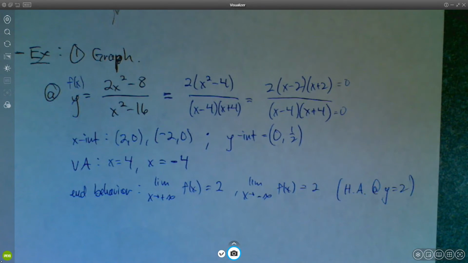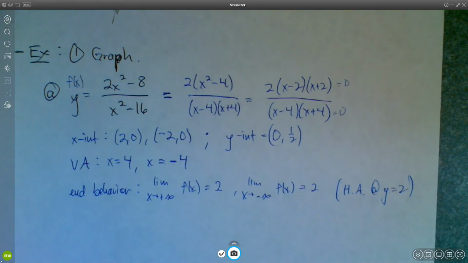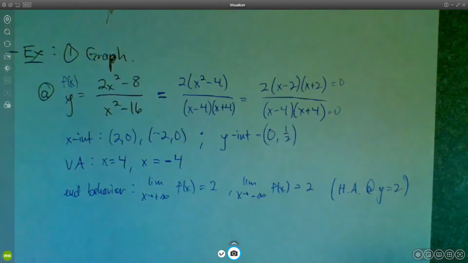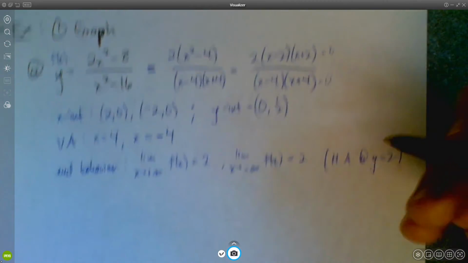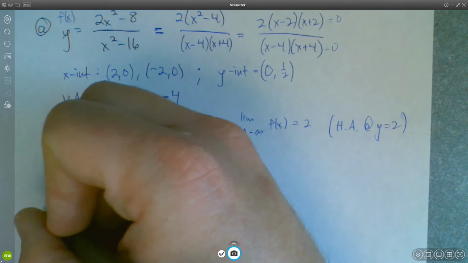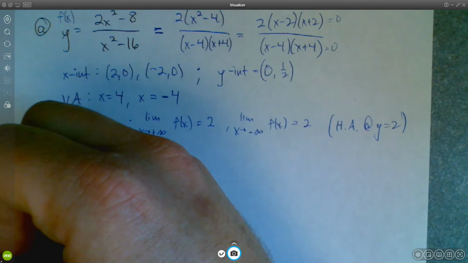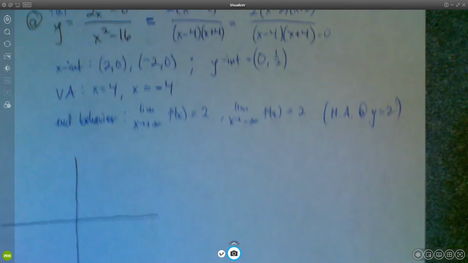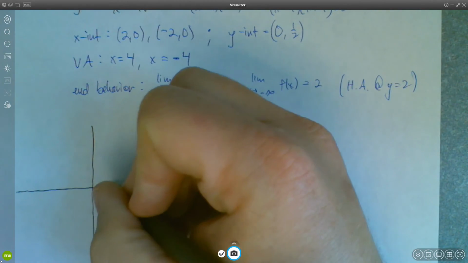I could start to graph some of this, and I'll leave some space to do my derivative work. So I've got vertical asymptotes at 4 and negative 4.